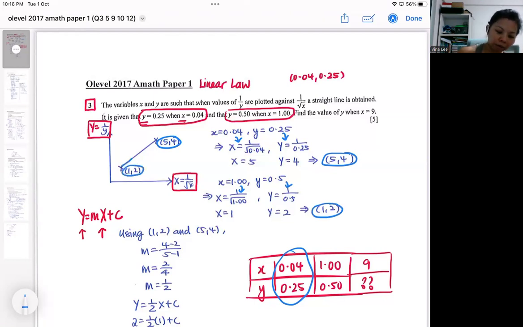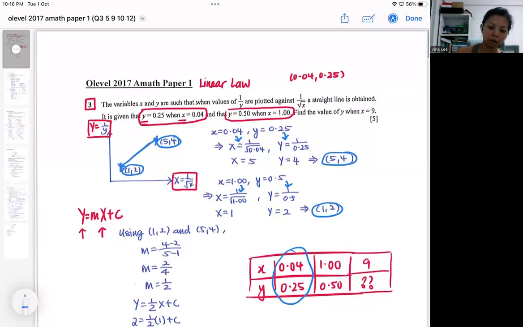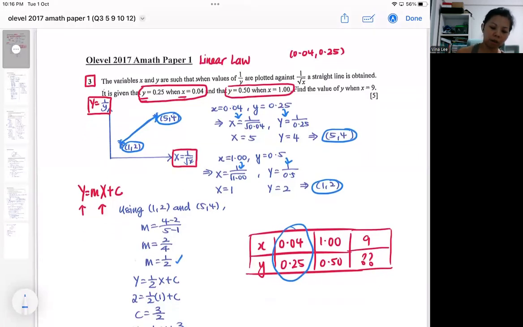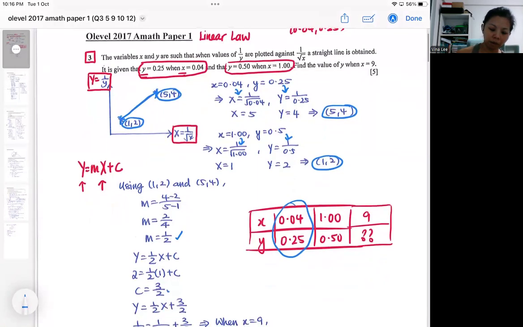So once you have 2 points, you can do your normal chord jog idea. You get your gradient first, and then you do your mx plus c to find your c. So if you are doing this method, it will still work.